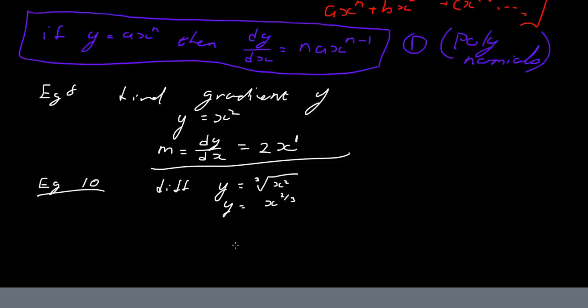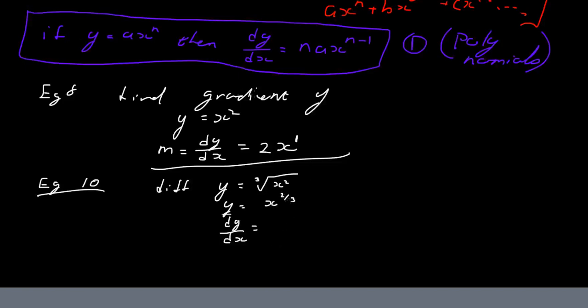So now we're differentiating. How do we differentiate this? Do you see that this is once again in the form ax to the n? We've got a is 1, x is x, n is 2 over 3.